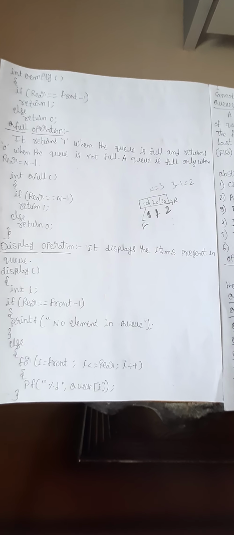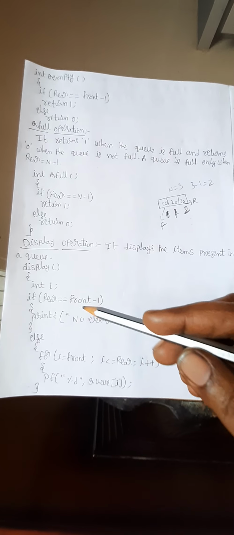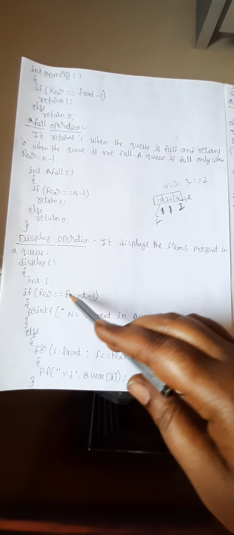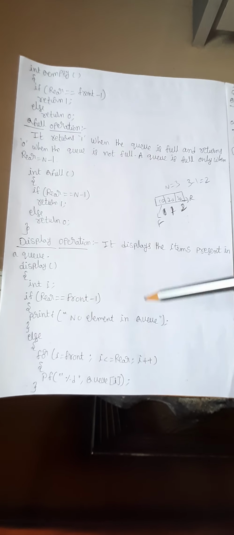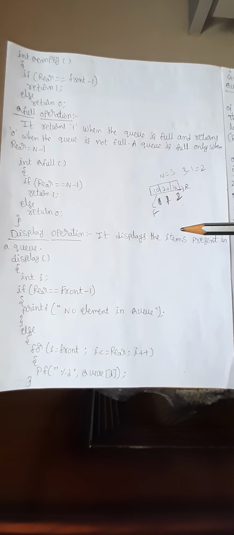See the next one, the display operation. It displays the items present in the queue. For this, we are using a for loop. We have defined the i value, and to display the elements, first we have to check whether the queue contains elements or not.